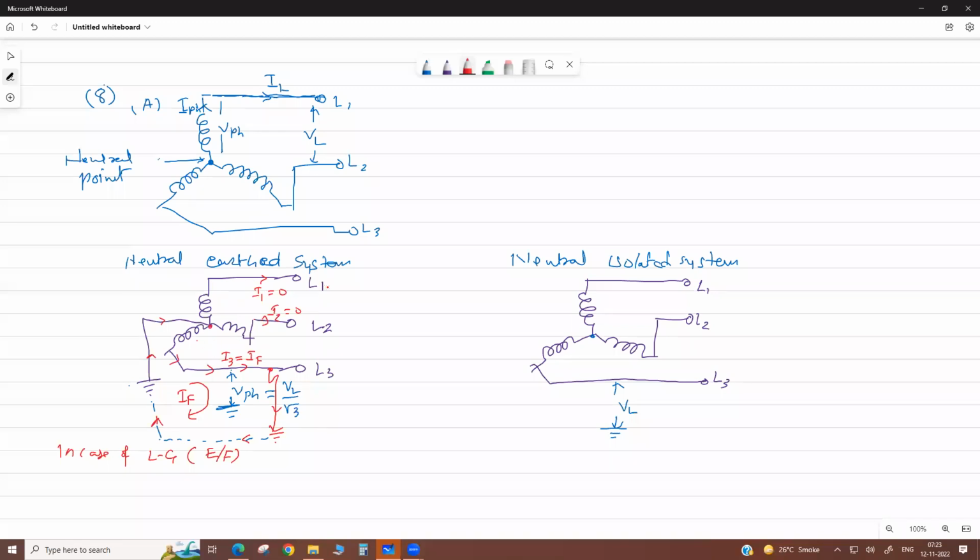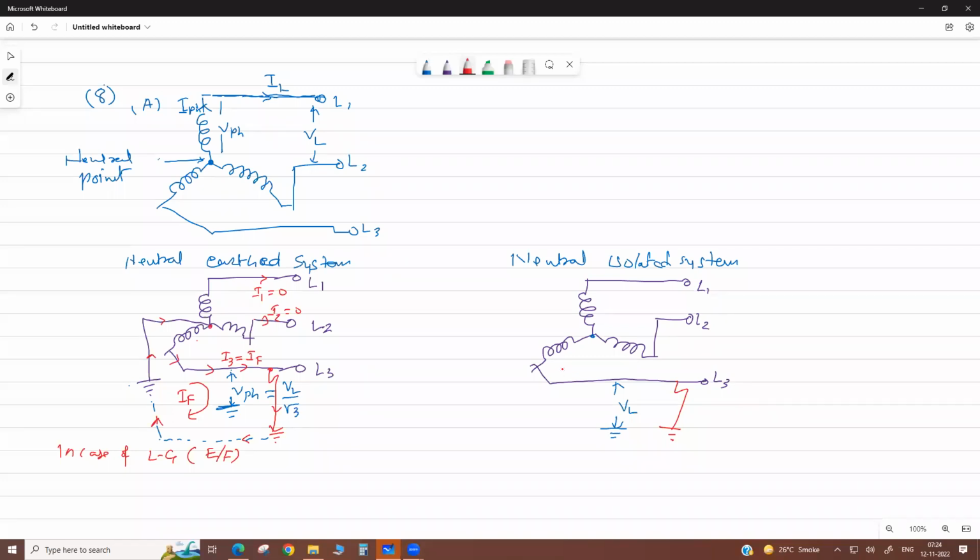But suppose we discuss the same scenario in an isolated system. Suppose one line comes in contact with ground, which means it is an earth fault.